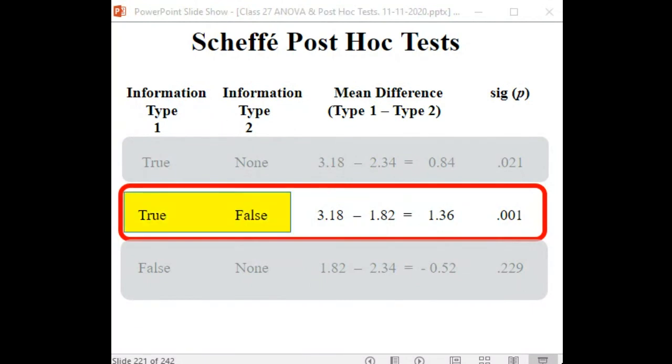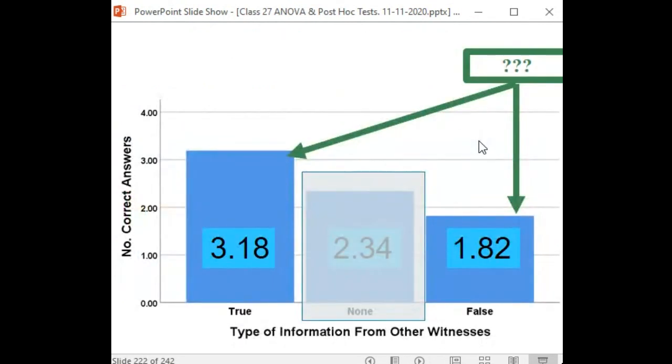This row compares the students given true information with the students given false information. So we're comparing these two groups. The mean for the students given true information is 3.18, and the mean for the students given false information is 1.82.